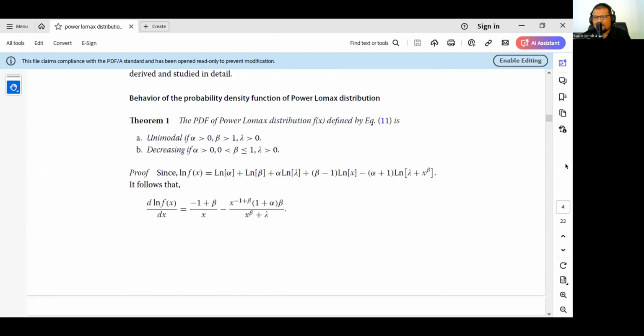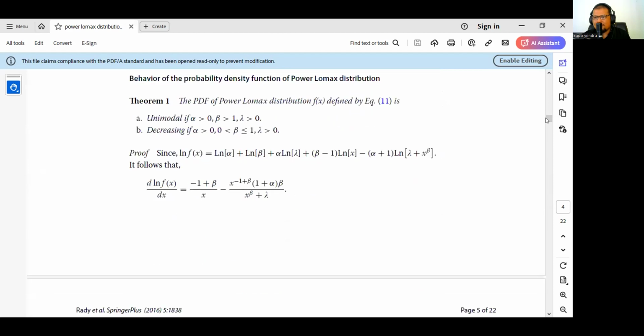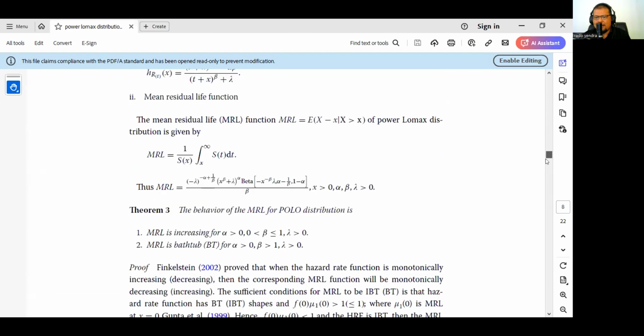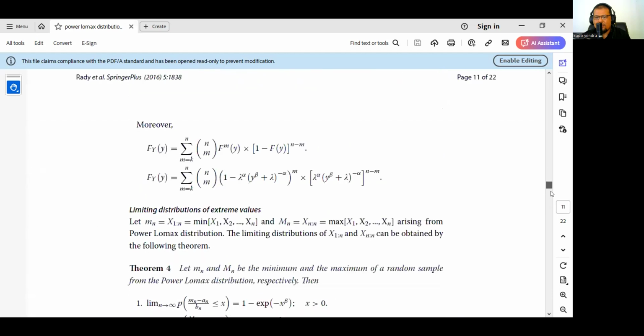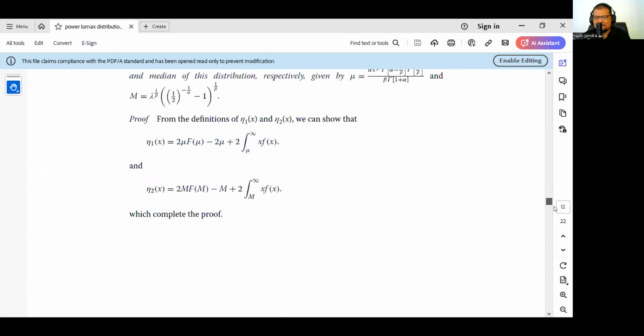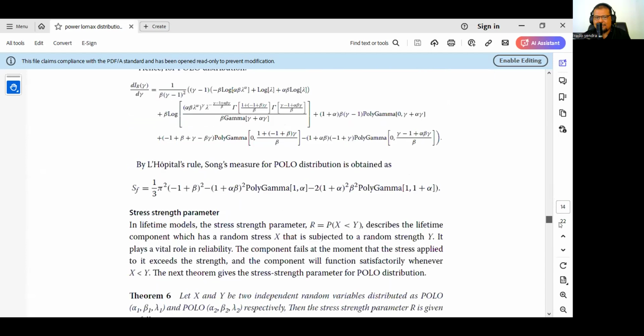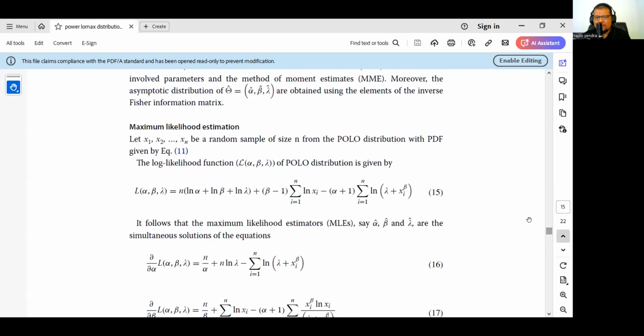For the right log likelihood, we must put the parameter alpha before the log lambda. Like I said before, we must put alpha before log lambda. So this is the right log likelihood.